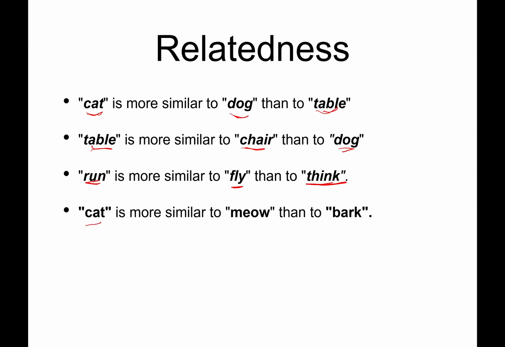Cat, in a way, is also more similar to meow than it is to bark. So when we talk about similarity and relatedness, we talk in this sense. Like, are these things similar to each other, related to each other more than other words, right?